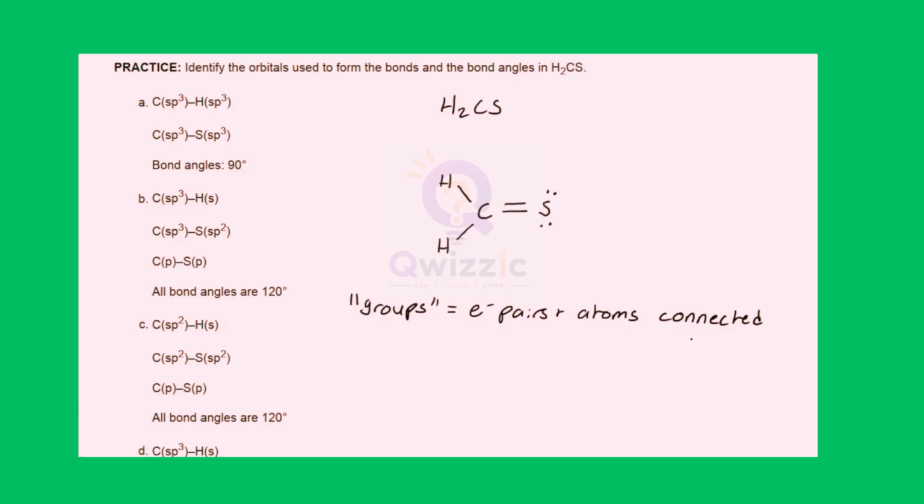Let's take carbon for example. Carbon has 0 electron pairs, but it has 3 atoms surrounding it. So the total number of groups around carbon is equal to 3, which therefore corresponds to sp2 hybridization.